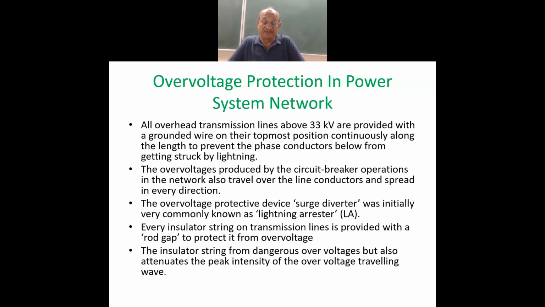The insulation is provided everywhere. Let there be the phase conductor, which is connected further in the substation with the gadgets, transformers, circuit breakers, CTs, PTs, everything. Everything is provided a level of insulation, either basic insulation or the switching impulse level of insulation, the switching impulse level, SIL, as we call it.